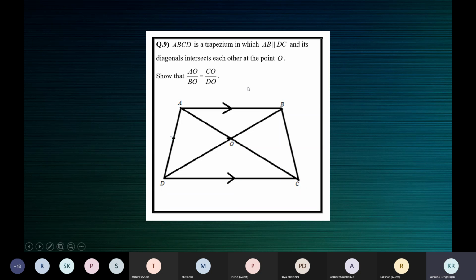So that means it's actually AO by OC is equal to BO by OD. Remember like that. Here it's given in a different way.